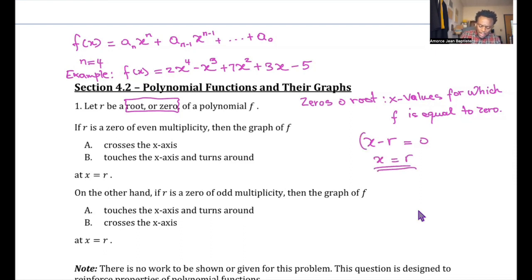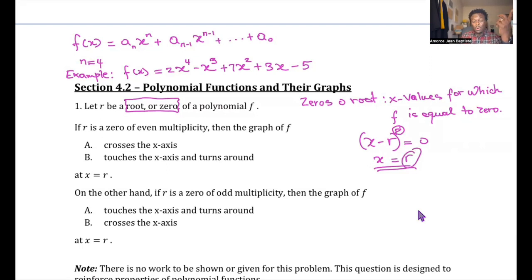But if you have a certain power of it, let's say p, that means that factor is present in this expression p times, and that represents its multiplicity.